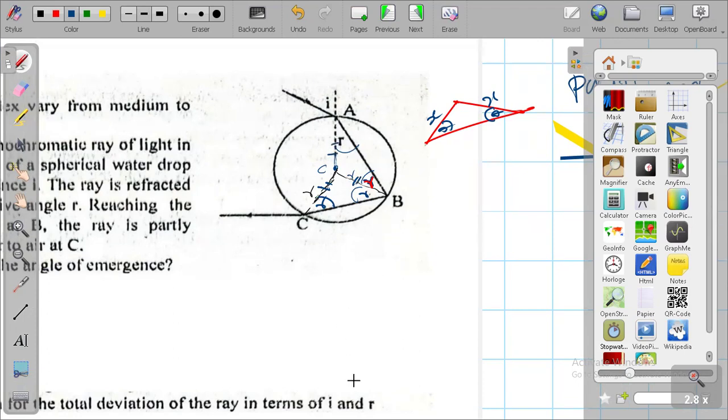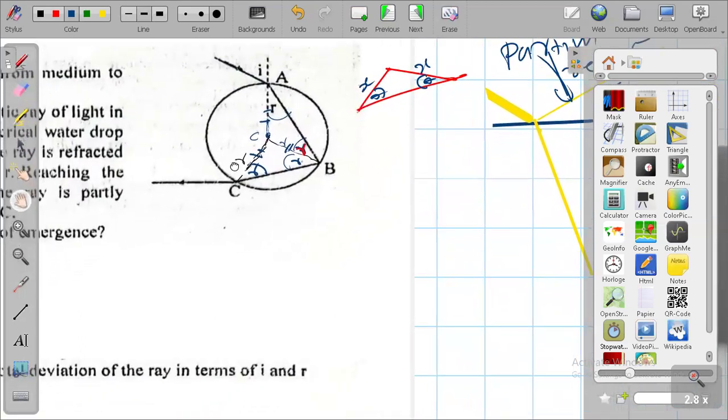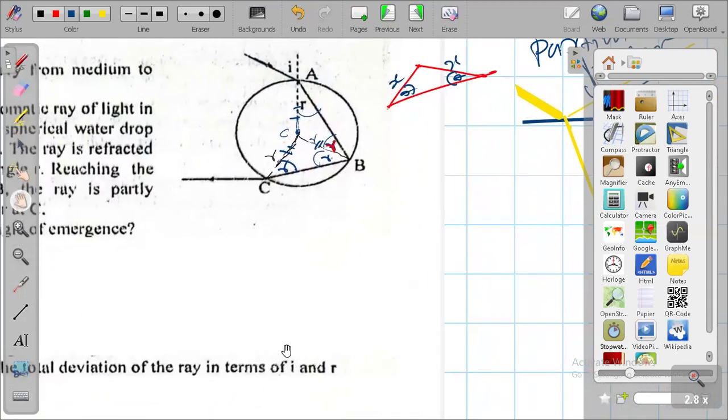Can you understand? Can you remember those? Say yes if you understood.